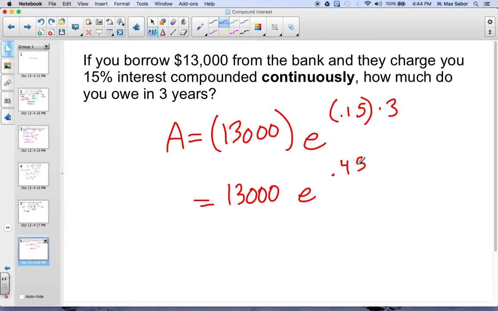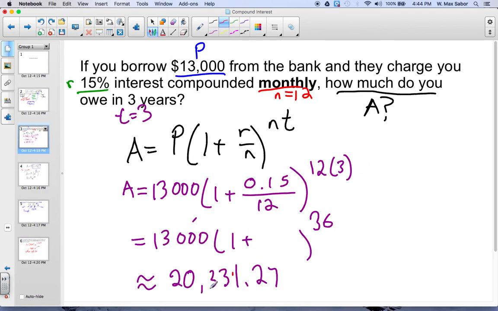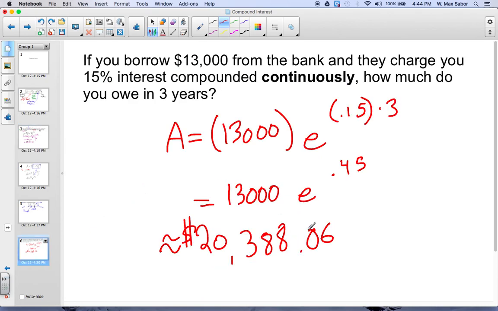When we do that, 13,000 times e to the 0.45 is approximately $20,388.06. So there's not a huge difference between compounding continuously and compounding monthly. This is $331 versus $388.